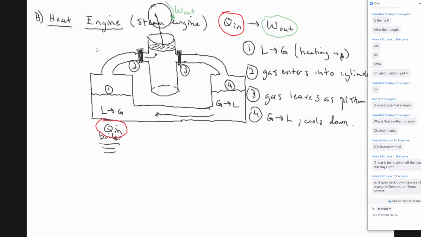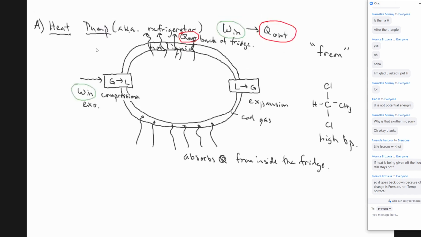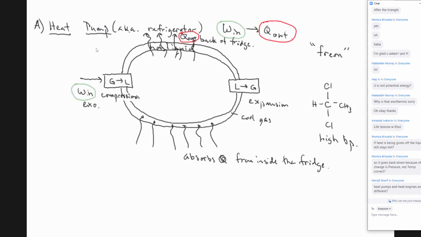This is Q in and you get work out. The last slide, you did work in and you got Q out. Correct. One is doing work, the other one is just taking heat out. Heat pumps and heat engines are different. Heat pumps are your refrigerators, your AC units, right?